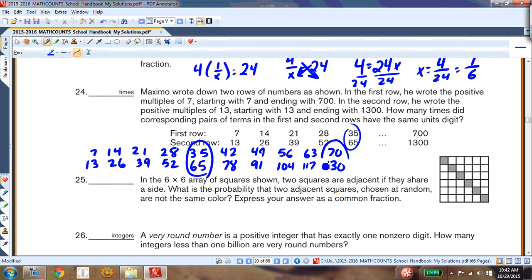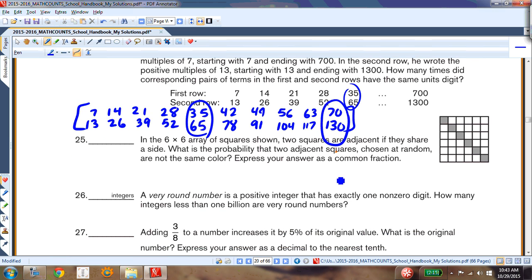Okay, so I also have shared units digits there. So that means for every increment of 10, I'm going to have 2 sets of numbers that share the same units digits. And since I have 10 of these, that's going to give me 20 times, because I'm going from 7 to 700, with 10 sets of these numbers all the way up to 700.